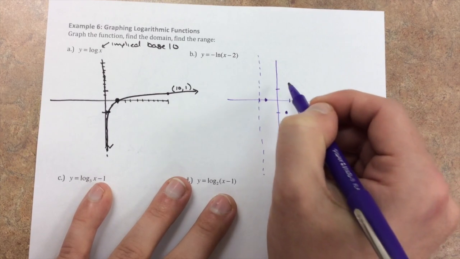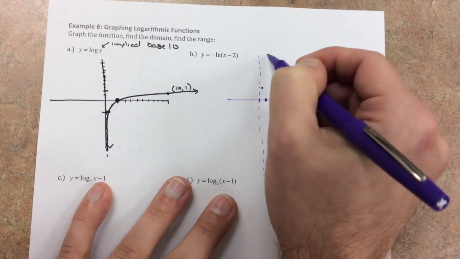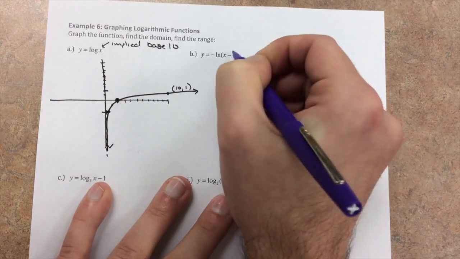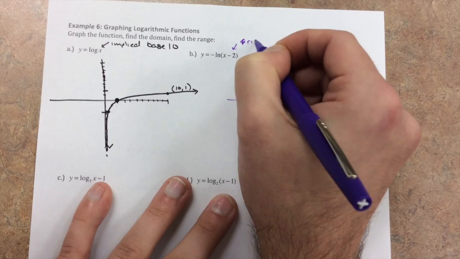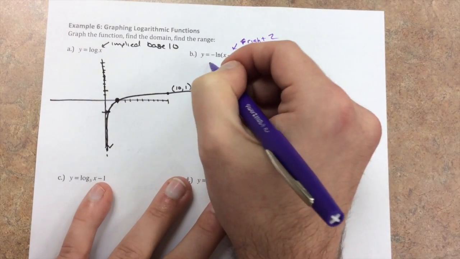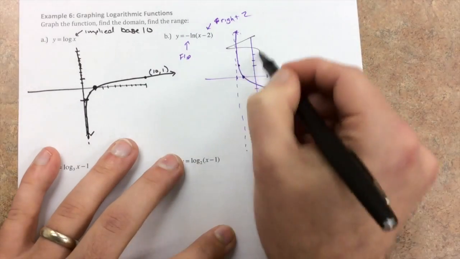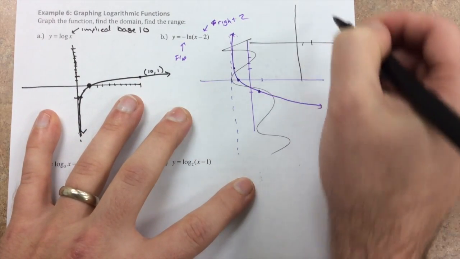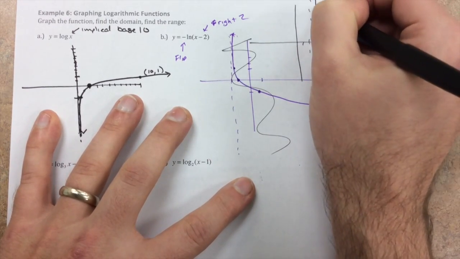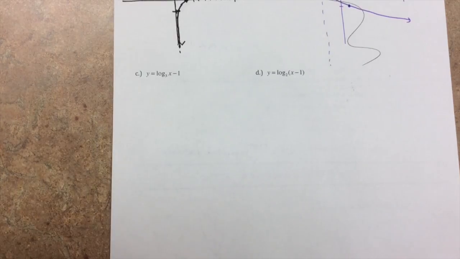And likewise, if we plug in 1 over e, we get this, and our graph's going to look like this. And of course, I got to make one mistake at least in every video. This is our flip, and this is right 2, so ignore this. That moves our vertical asymptote 2, and our graph will look like this. Sorry about that. Let's see if I can get one right.